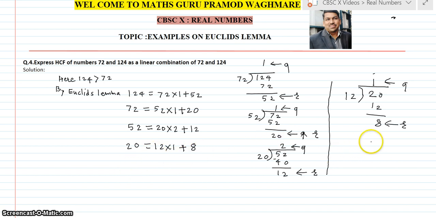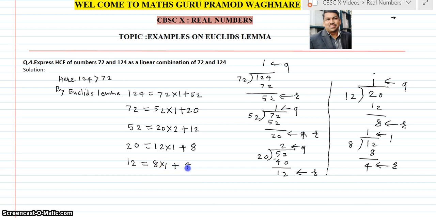So if you divide 12 by 8, 8 ones are 8. What is remaining? 4. So 4 is the remainder, and 1 is the quotient. So we can write 12 is equal to 8 into 1 plus 4.